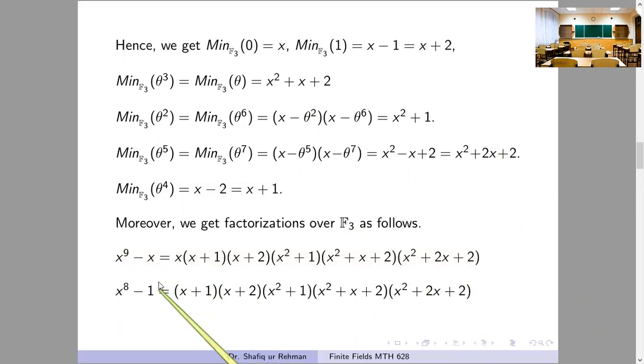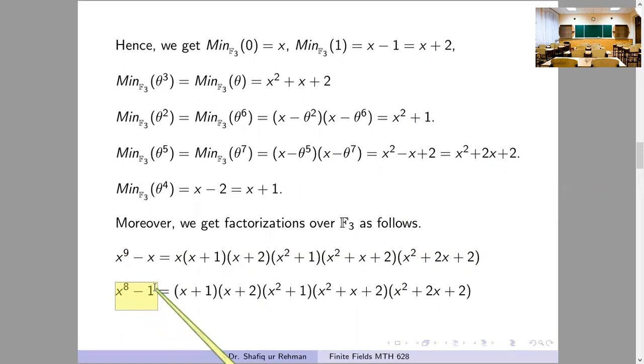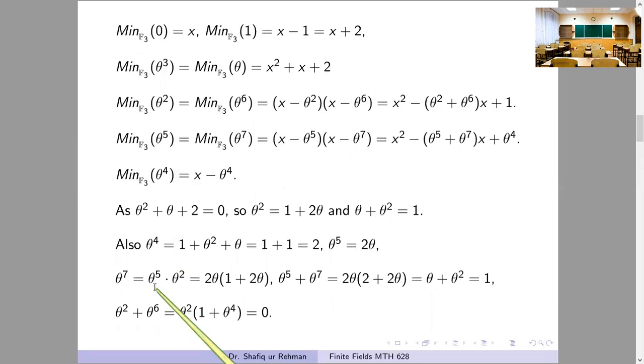And also notice that if we cancel by x on both sides, then this polynomial will have 8 roots, and notice that all the roots of this polynomial are 8th roots of unity, that is, their power 8 equals 1. So all the elements in F9 excluding 0 are 8th roots of 1.